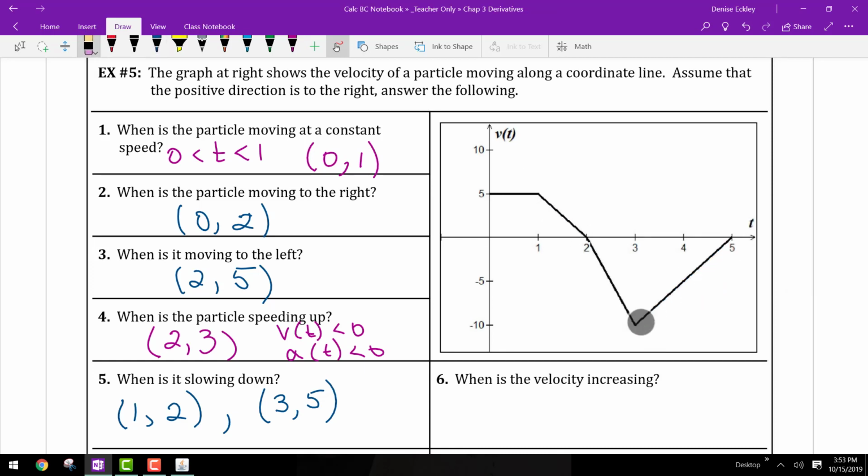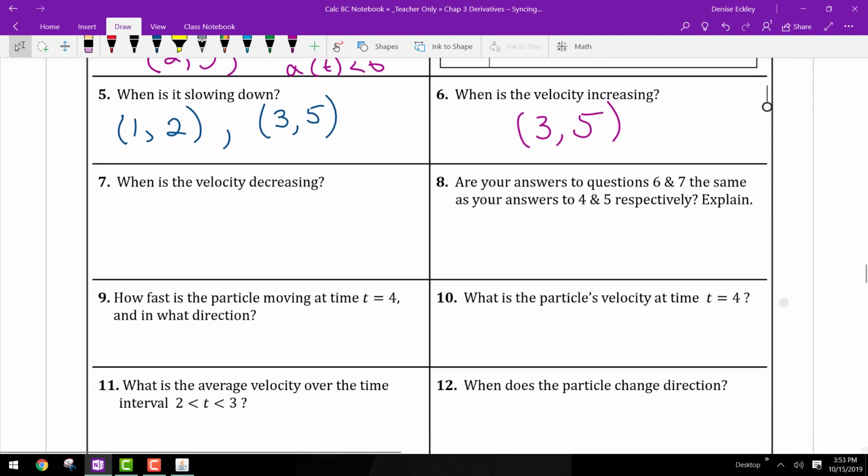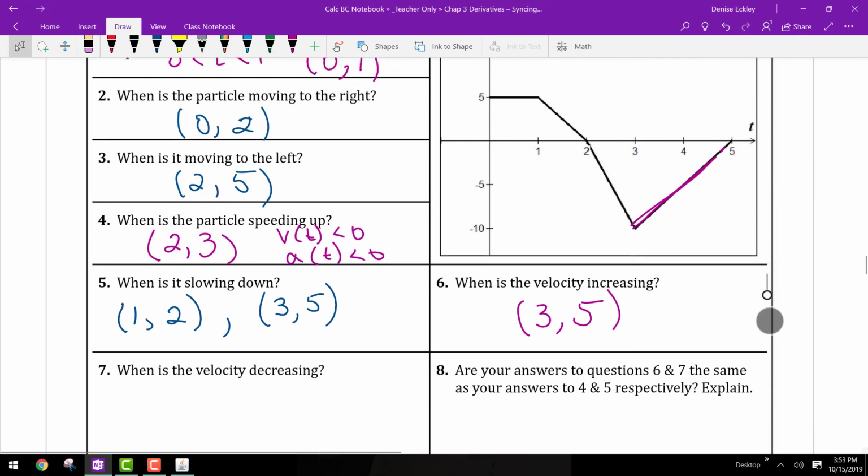So next, when is the velocity increasing? And we can see that where our acceleration is greater than 0. And that happens right along this path. So that's between 3 and 5 units of time. We don't know what it is. I might have said seconds, but I don't know if it is seconds. Okay, so moving on, when is the velocity decreasing?